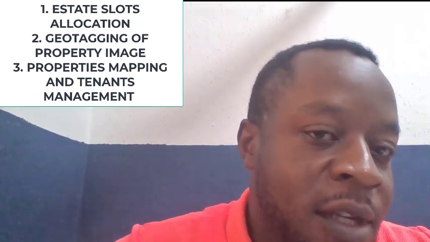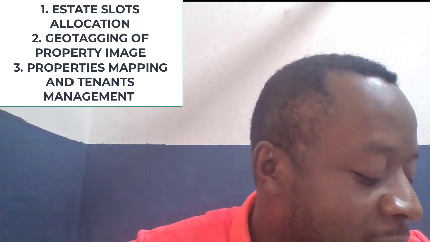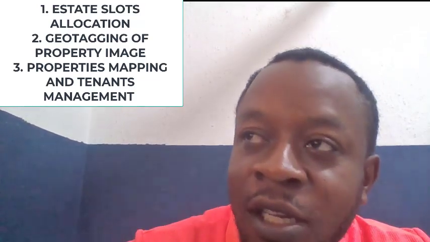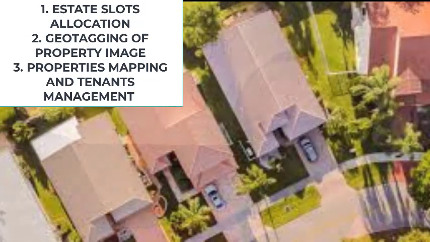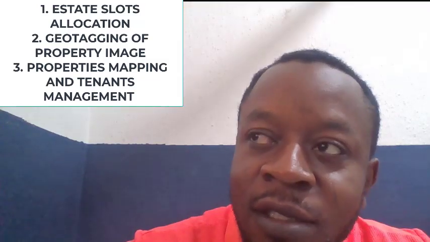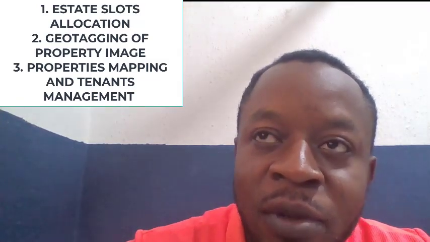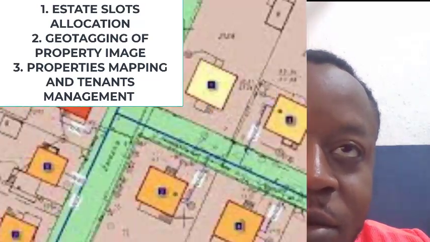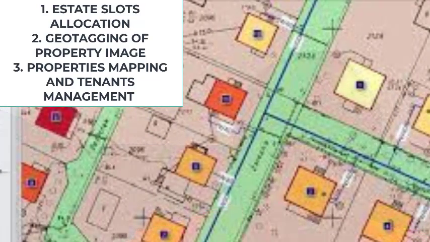One of the aspects we'll be focusing on is estate management. How do you use GIS to manage an estate? For example, if you have a large number of buildings in a particular location as an estate, and you want to track every facility or everything in that place, possibly land allocations or building allocation, you don't need to be going to the site all the time to do such allocation.